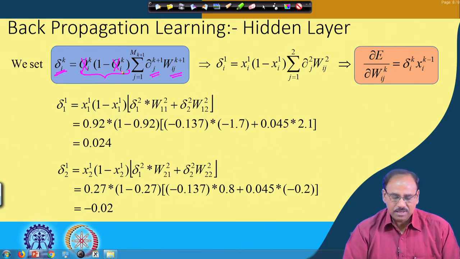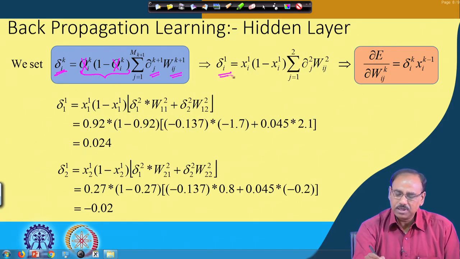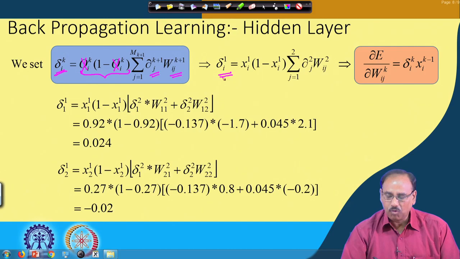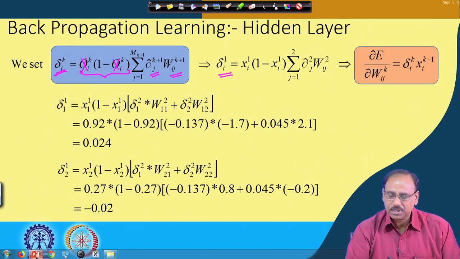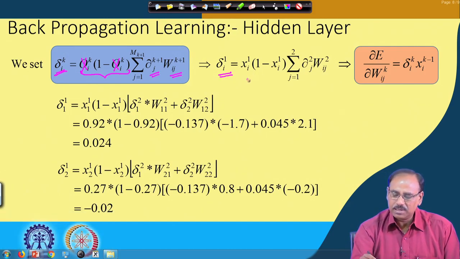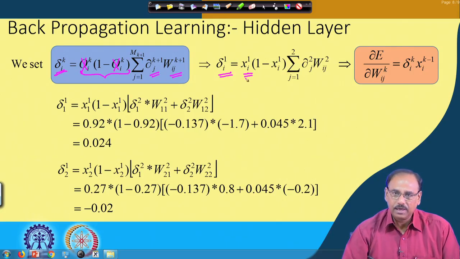So, once you have this, you define it with respect to k. Now, in our case, because we are considering a 2-layer network, the value of k is equal to 1. So, what we have to find out is delta i1, and as per this definition, this delta i1 is nothing but xi1 into 1 minus xi1 times the sum. This xi1 is the output of the ith node in the hidden layer.